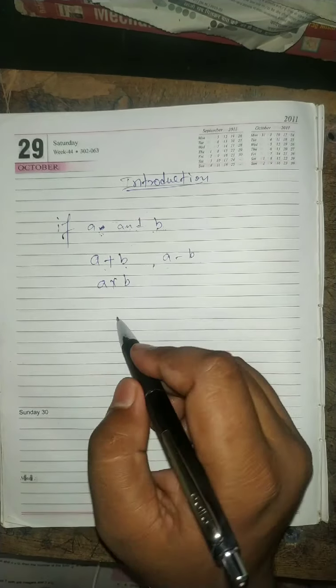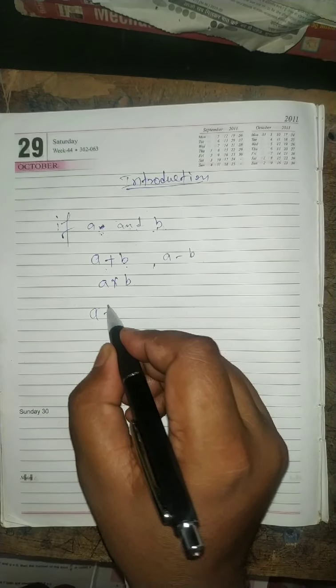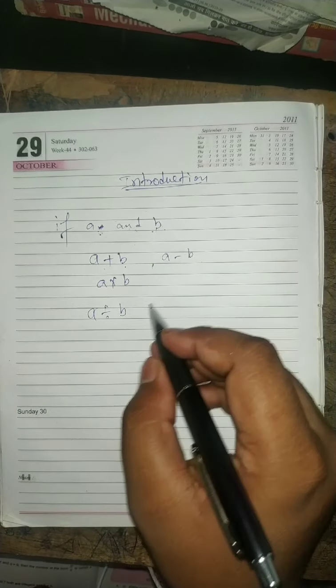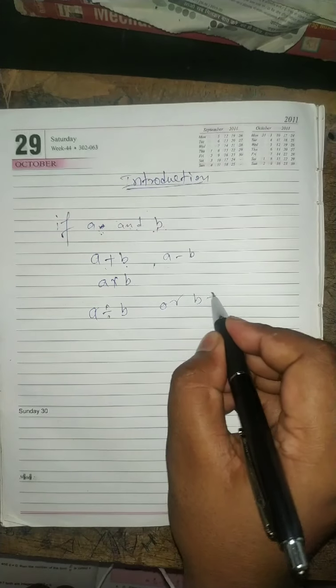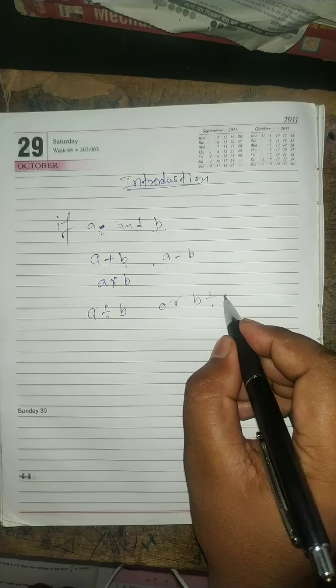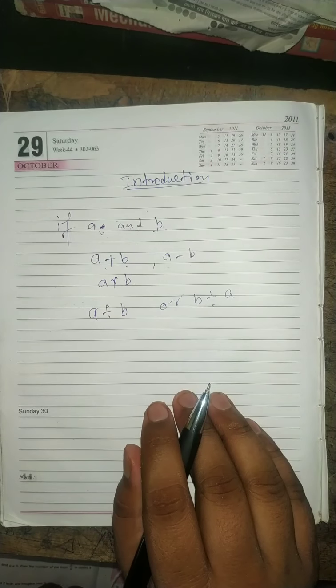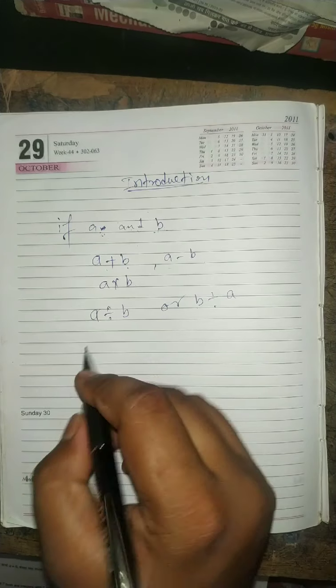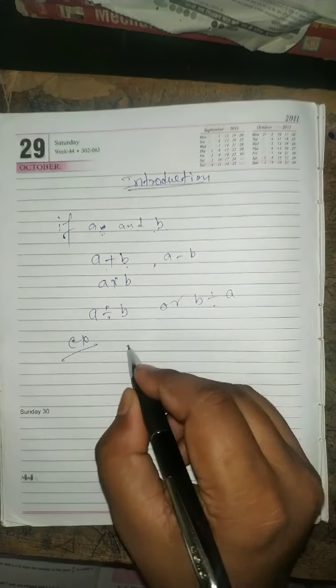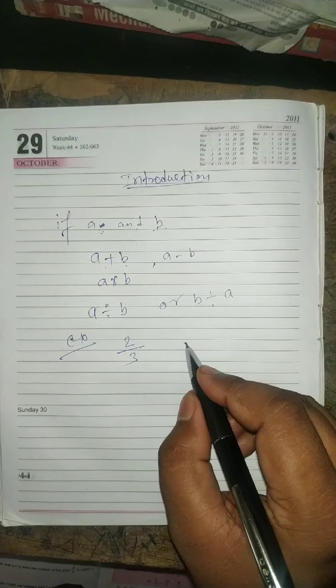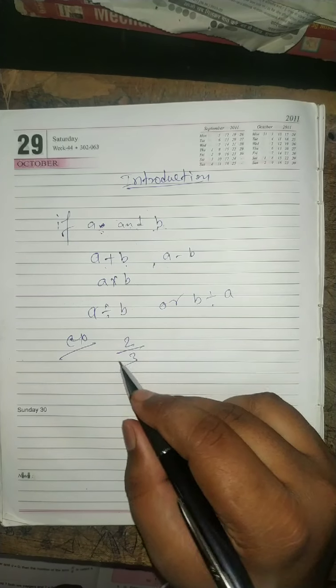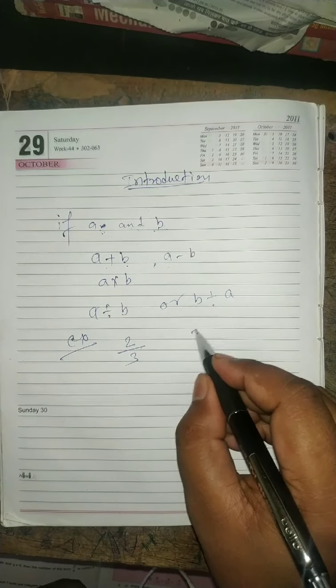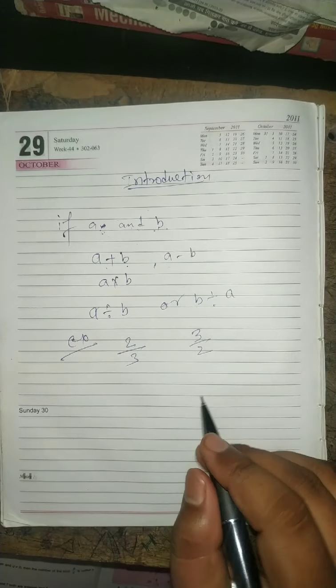However, it is not necessary that A divided by B or B divided by A is also an integer. Take for example, 2 divided by 3 is not an integer, and 3 divided by 2.